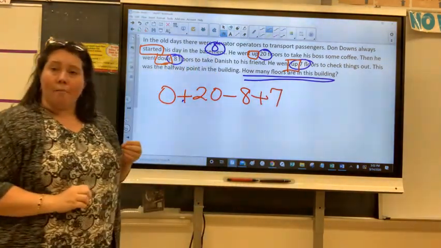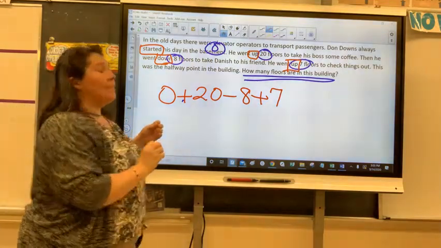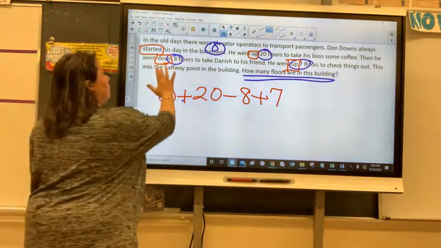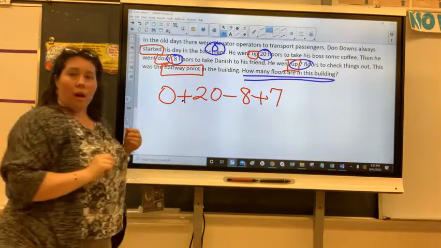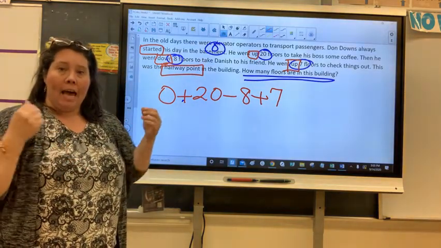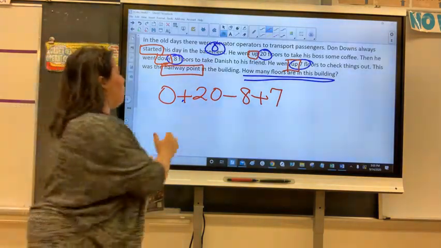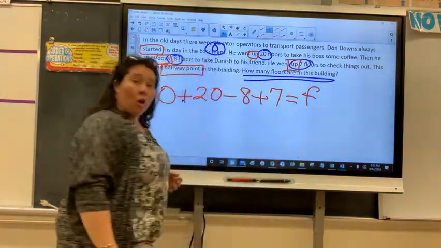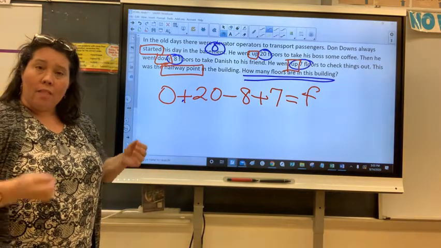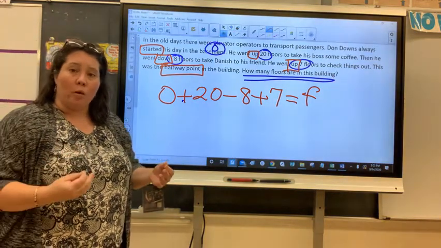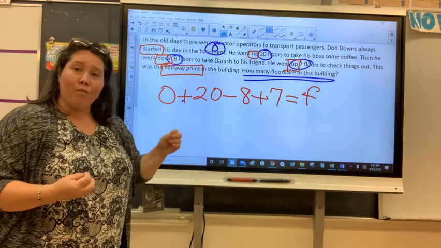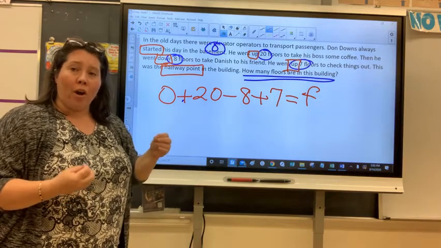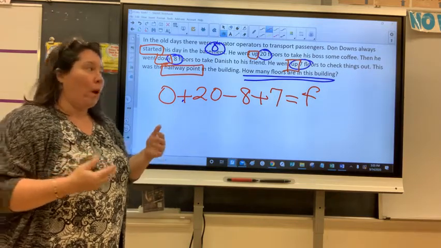To check things out. This is the halfway point of the building. How many floors are in the building? So whatever this is, I will call it F, that is half the floors, because that is now the halfway point of the building.